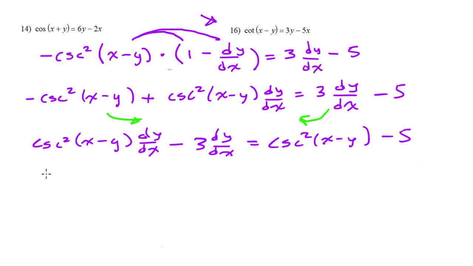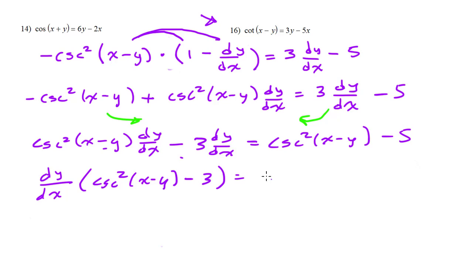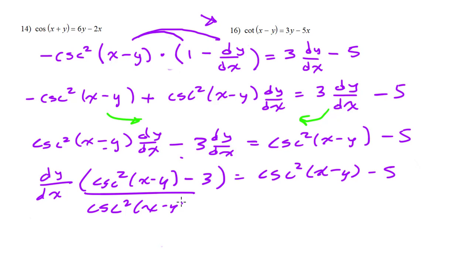The dy dx we can factor out from both of these terms here. Cosecant squared x minus y minus 3. This part's going to stay the same. And then we want to divide to get the dy dx by itself. And divide this.